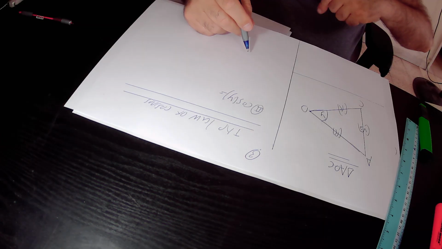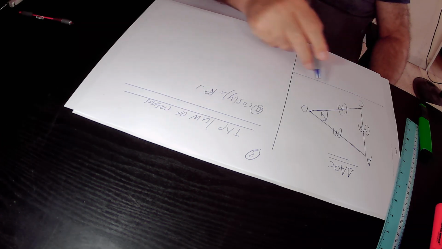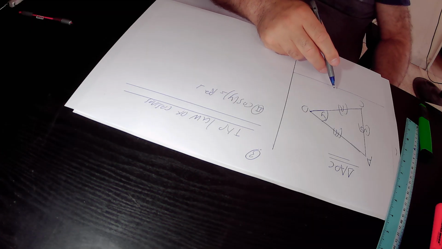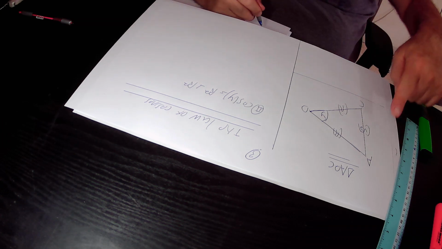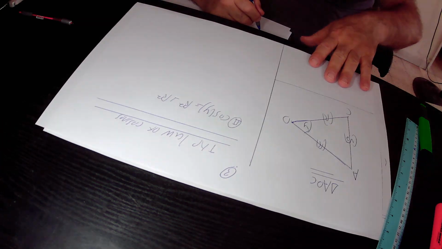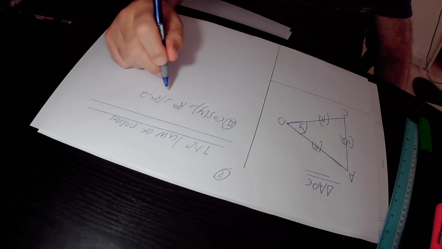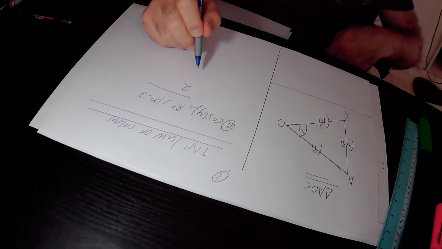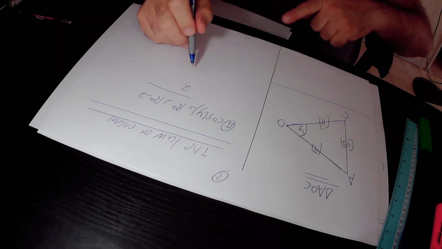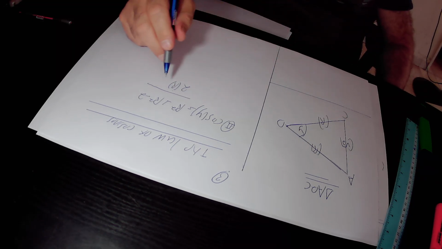AO is R, therefore AO square is R square, plus OC square. OC is also R, therefore OC square is R square, so it is plus R square minus AC square. AC is square root of 2, therefore AC square is 2, so it is minus 2 divided by 2 times AO, which is R, times OC, which is also R.